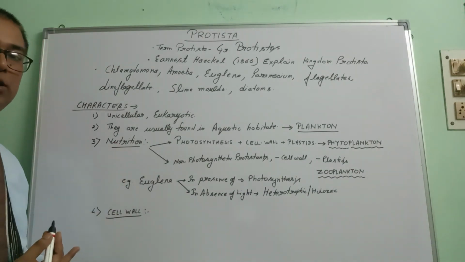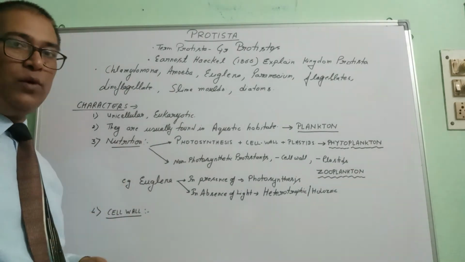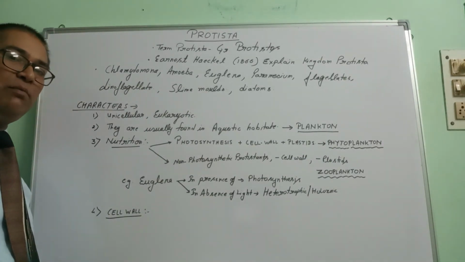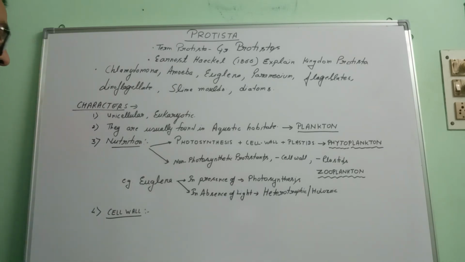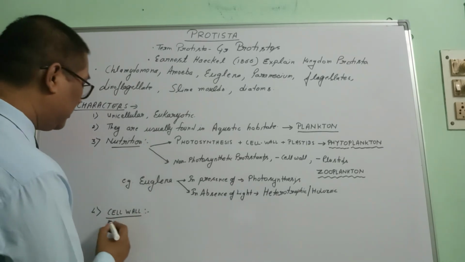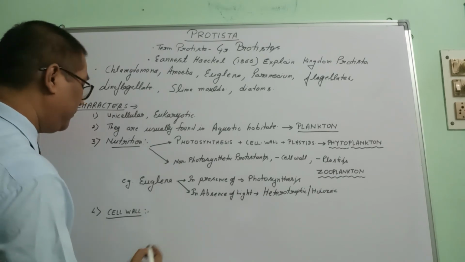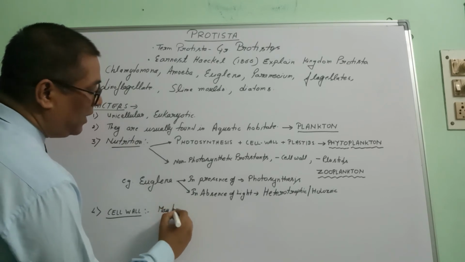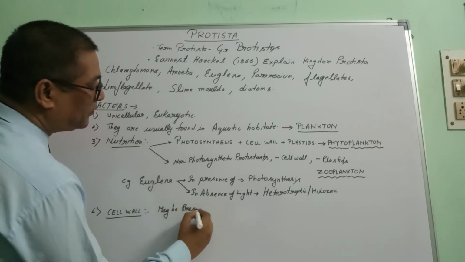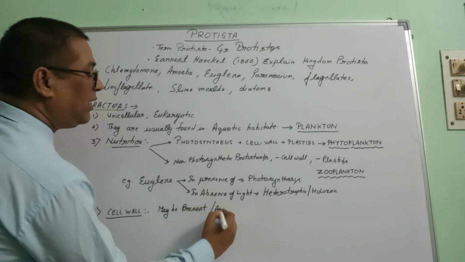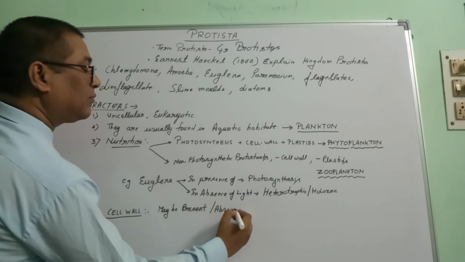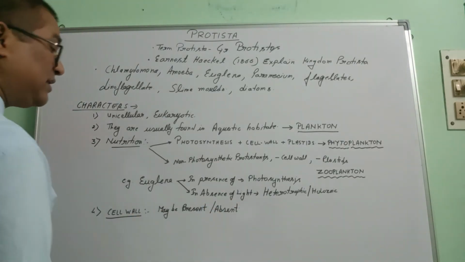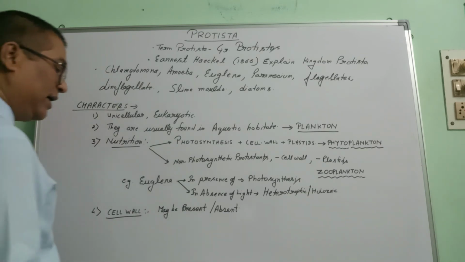But in the case of protistans, some have a cell wall, but some do not have a cell wall. They have only a cell membrane. So the cell wall may be present or may be absent. There are various examples regarding that.